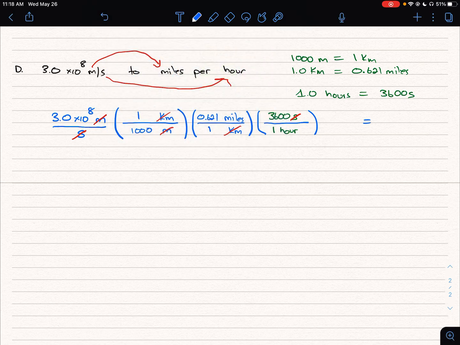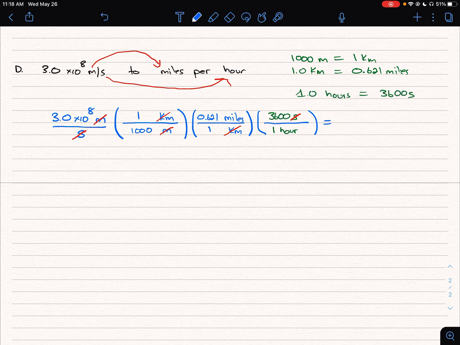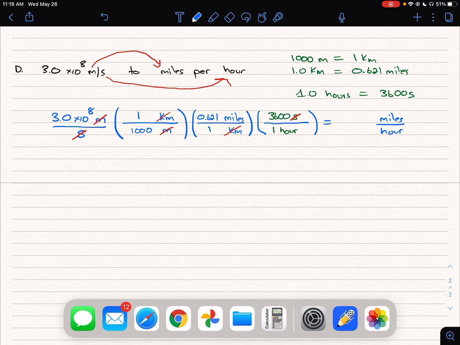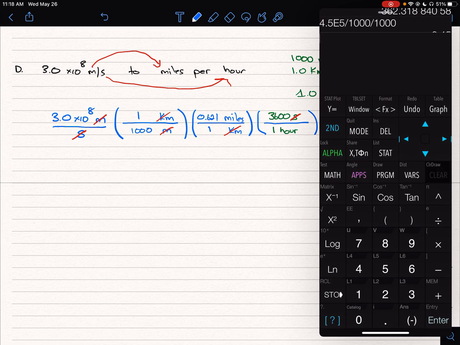So now we can see our units. Oops, let's move that equal sign over. So our units are going to be in miles per hour. So the last thing that's left to do is just to calculate this. So I'm going to pull up our calculator. Hopefully this doesn't block everything on our screen. Good. So we're going to have 3.0.